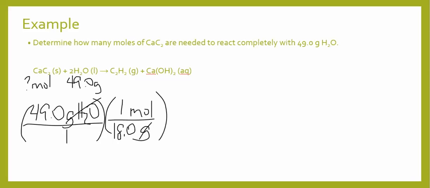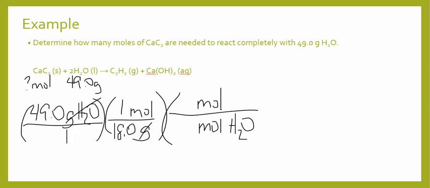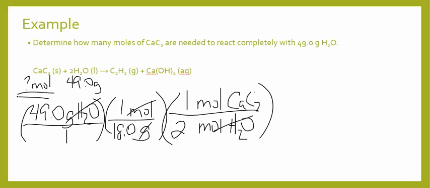That will cancel grams. I have moles of water down here. I want to go to moles of, I'm looking for CaC2. So go back to your balanced chemical equation. It's 1 mole of CaC2 for every 2 moles of water. In this case, I can stop here because I'm looking for moles. I'm already in moles.